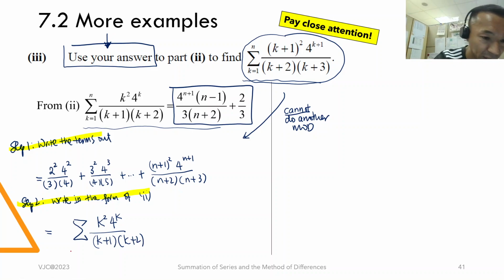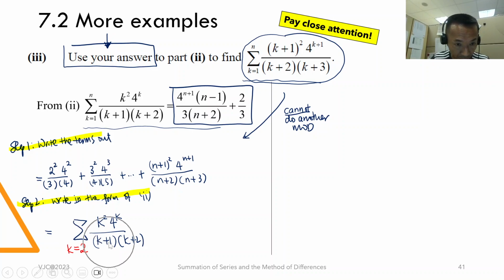What k do you substitute here such that you will get this first term? The answer is very simple. You sub k equals 2. Because you sub k equals 2, you get 3, denominator 3 times 4. Numerator you get 2 square, 4 square. Correct. No problem.